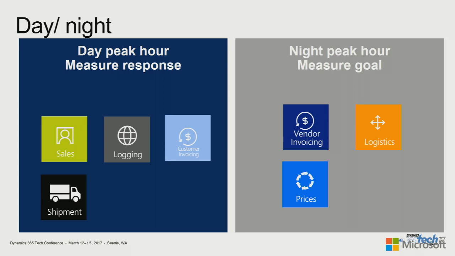For the first set of scenarios, after you develop each individual scenario, you will need to plan the phase where you run those scenarios simultaneously to simulate the load and understand how the system behaves with that load. In the other set of scenarios, you would measure the goal. So it would mean that you can run those processes individually.